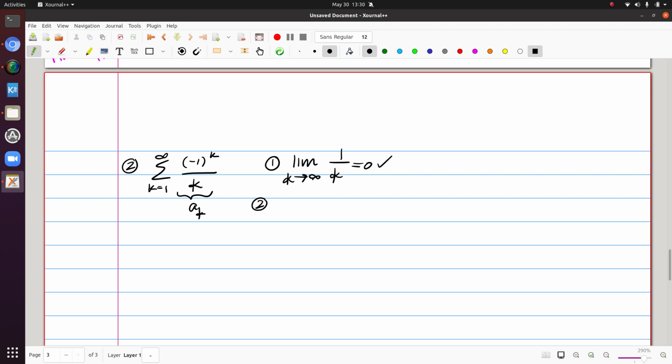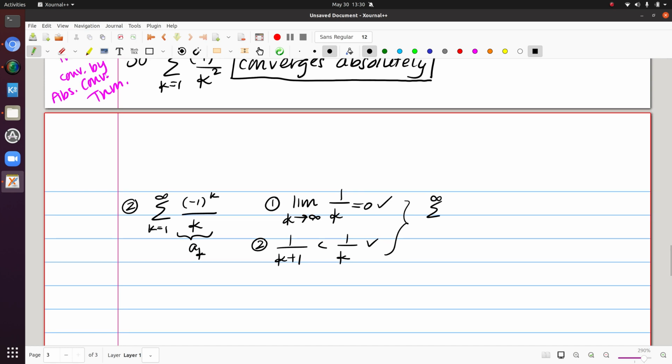And likewise, that 1 over k plus 1 is always smaller than 1 over k. So together, this tells us that our original sum, let's write what it is, converges by the alternating series test.